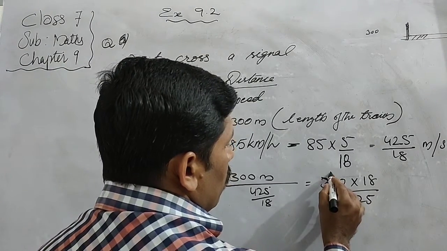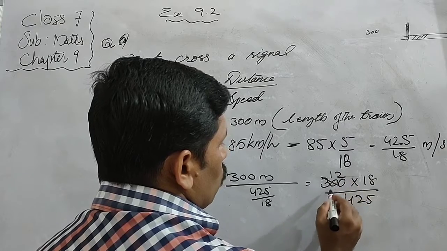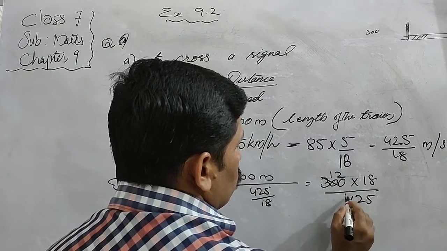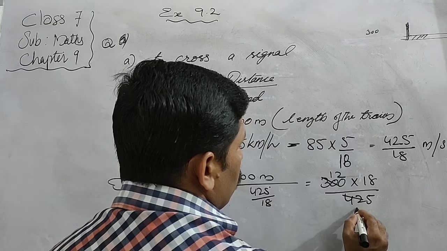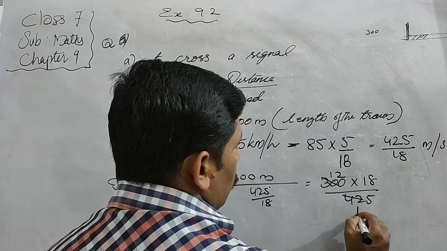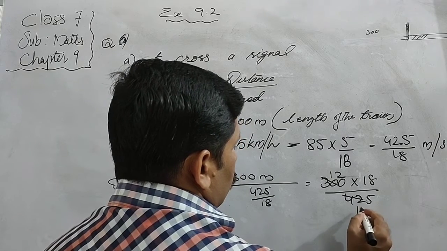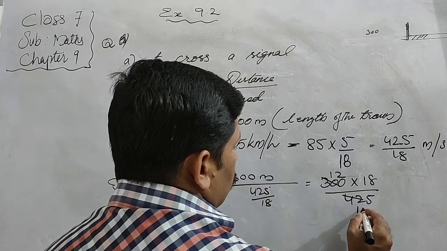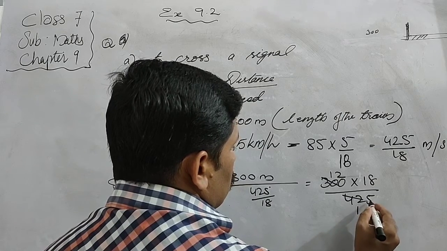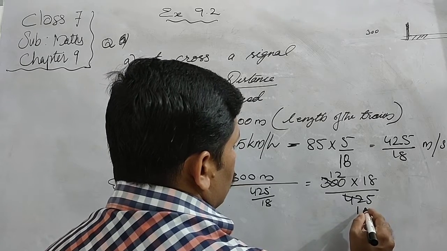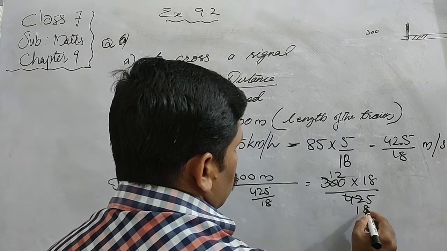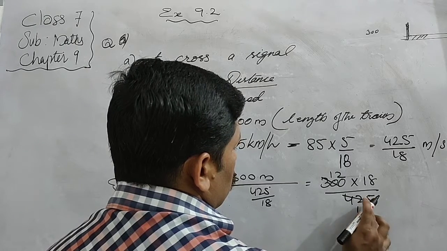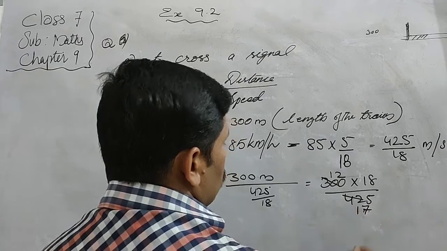25 ones are 25 and 50. 25 twos are 12. And here 25 ones are 25. 17. 175, that means 8 times. Sorry, 7 times. 17.